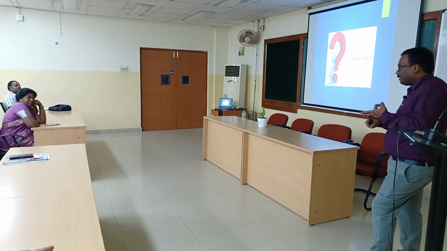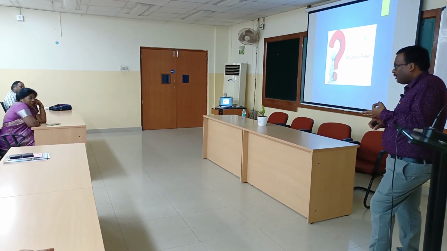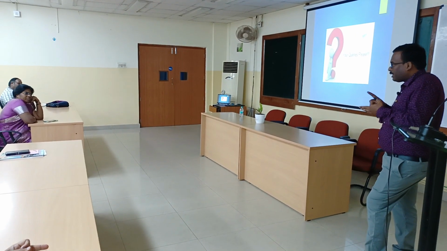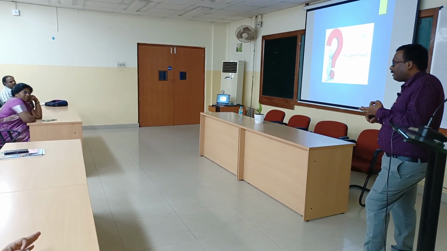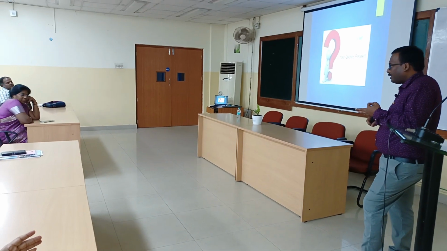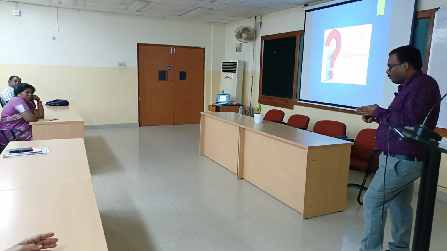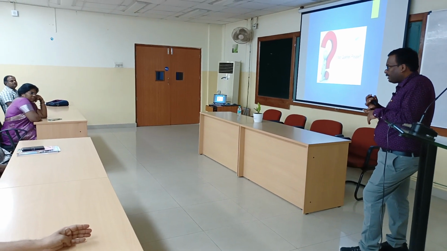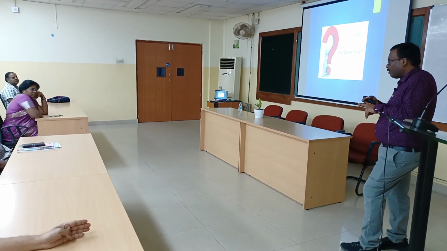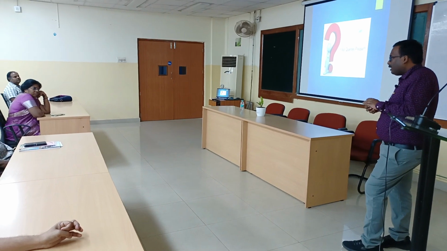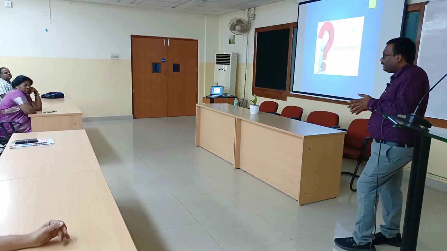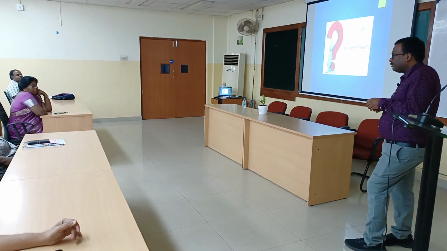Third, lack of exercise in any form, either yoga, meditation, cycling or walking. If it is not there, that is a risk factor. Fourth, high blood pressure, high cholesterol, high blood sugar levels, smoking, alcohol. These are all the risk factors which can cause a stroke. And these risk factors are common for heart and brain. They can have both.